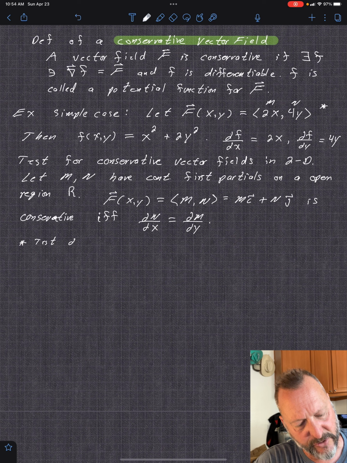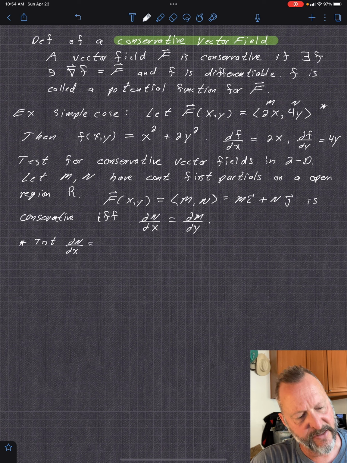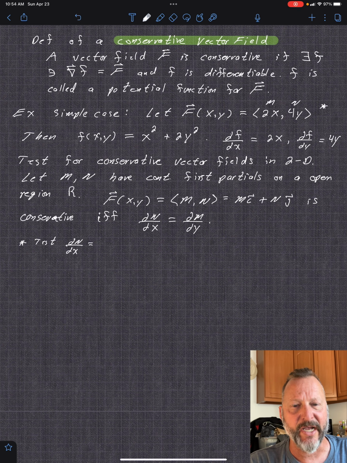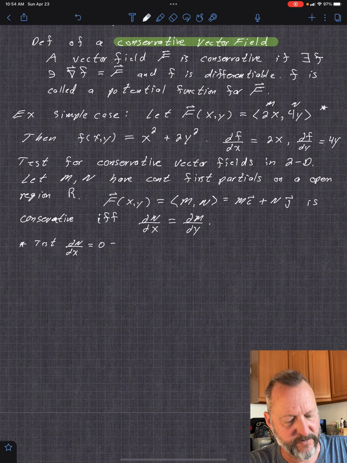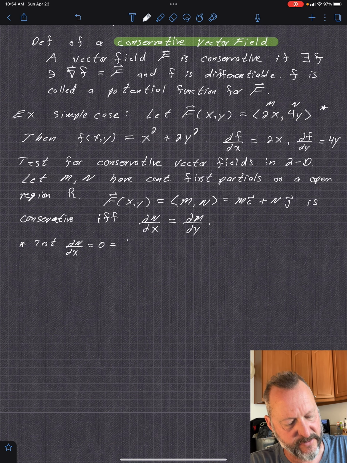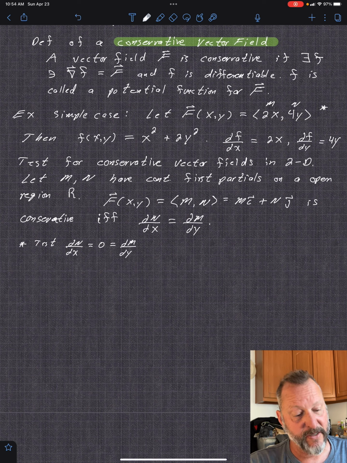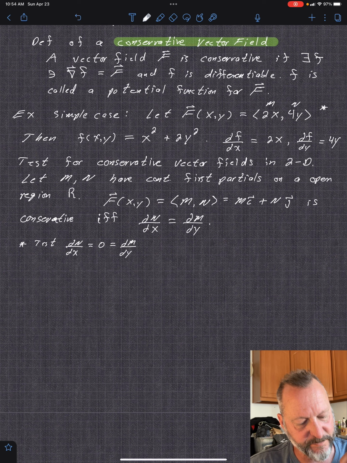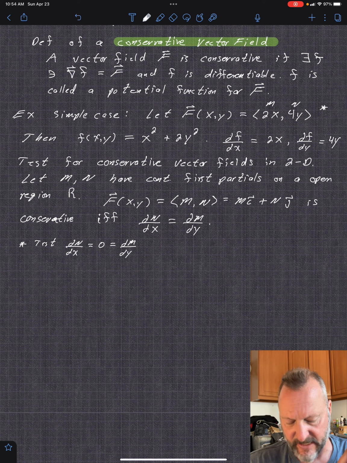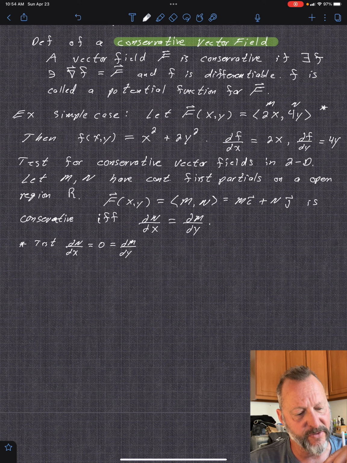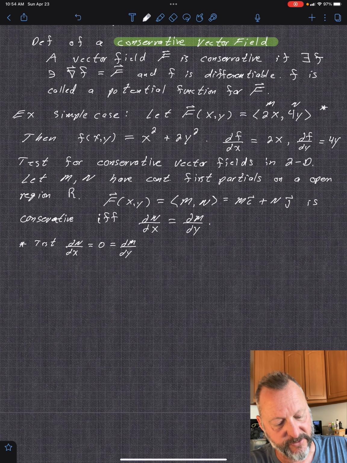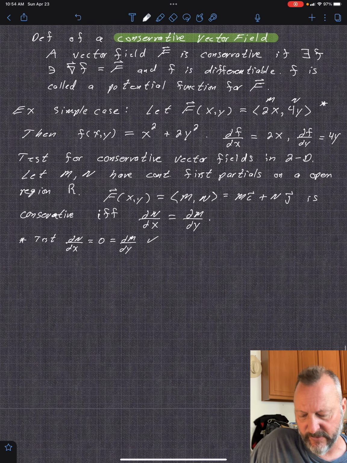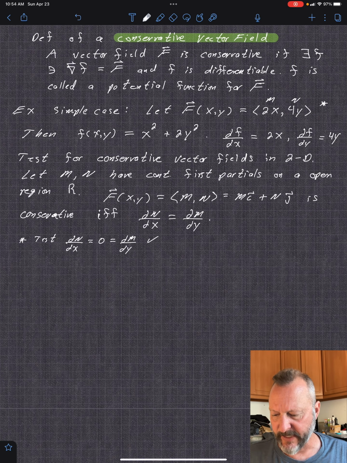So we do partial n with respect to x. Well, n is 4y, so that's just 0. And does that equal partial m with respect to y? And m with respect to y, well, it's 2x, so it's partial 0. So that's true. So that works out, of course.